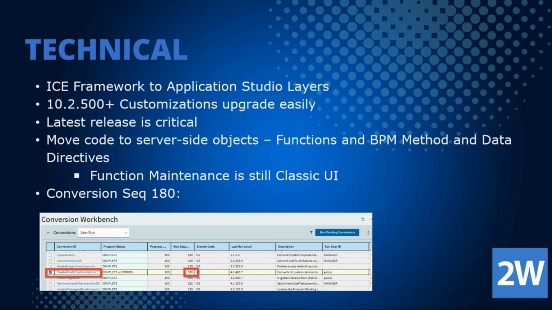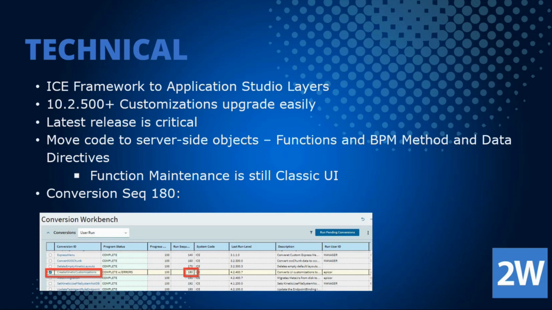One more note, and again, I have a screenshot here at the bottom of this slide, and what I'm highlighting is in the Conversion Workbench, under the user run conversions, there is an Epicor-provided conversion. It's sequence 180 for those of you who are familiar with the Conversion Workbench.